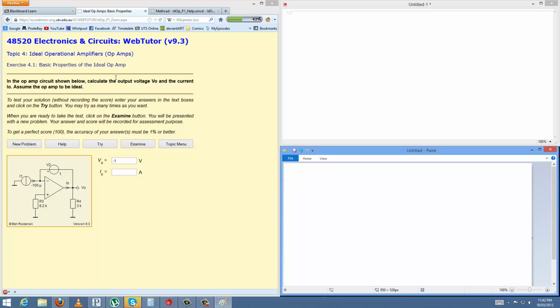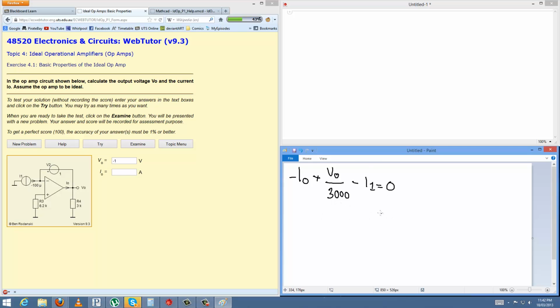We'll just start with something nice and easy. I'm not going to skip any steps just for simplicity here. So negative IO because it's going into the node, and then we have plus VO on 3000, and then we have I1 going into the node, so we have negative I1 equals 0.